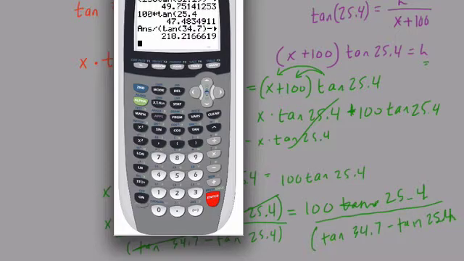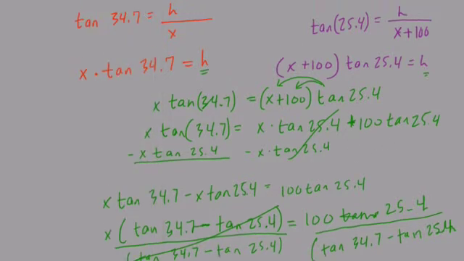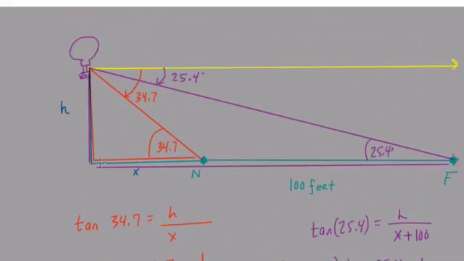Okay, so the distance x is 218.216619, and that distance x is this distance to the field.